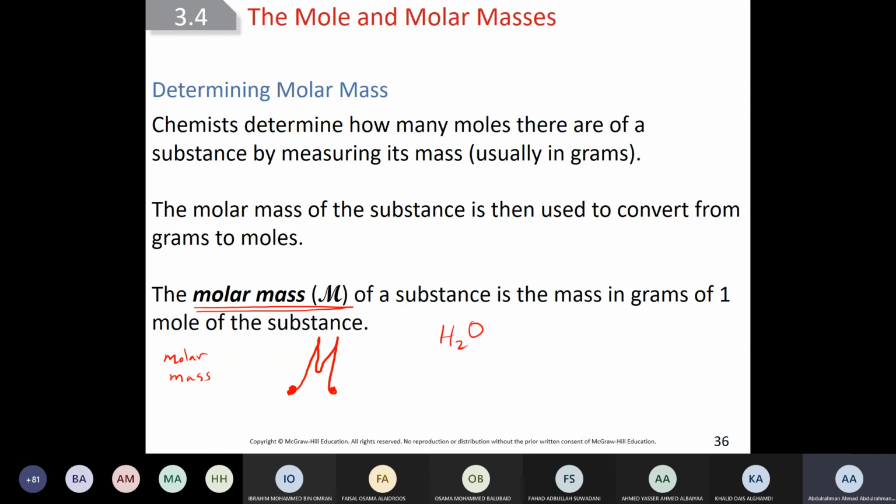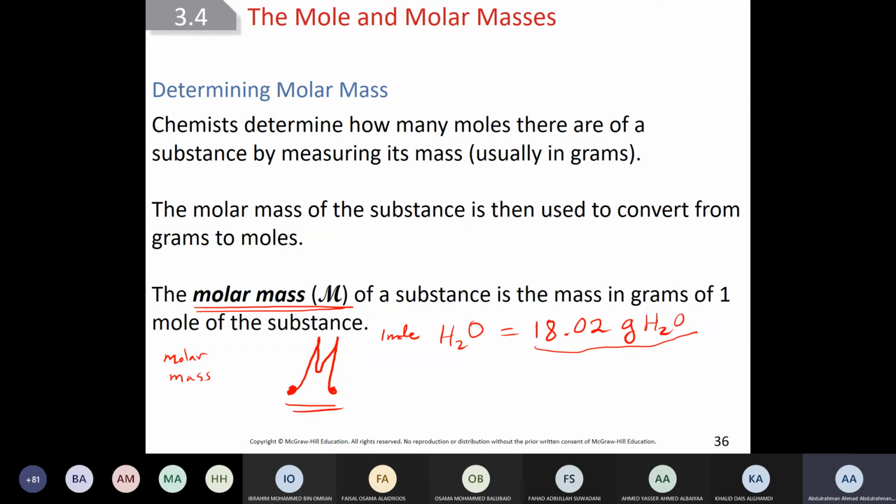What's the mass of H2O? We know it from the periodic table. 18.02 amu. But if I say 1 mole of H2O, it is 18.02 gram. This 18.02 is called molar mass.